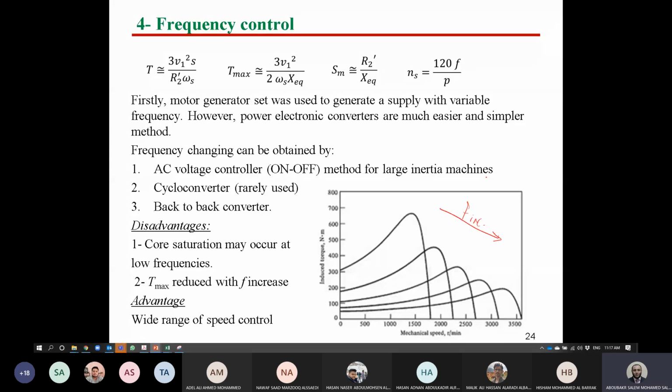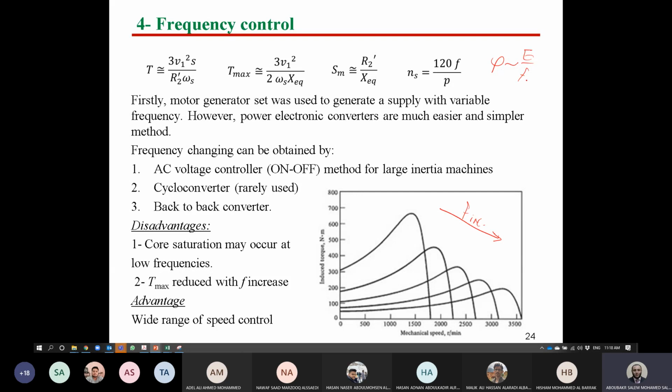As for drawbacks and advantages, as we discussed in terms of flux, we said that flux is proportional to E over F, which is voltage over frequency. Okay, so if you have a low value of frequency, the flux may be saturated and make problems with the machine.